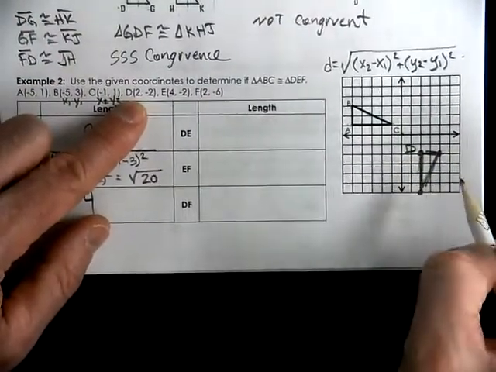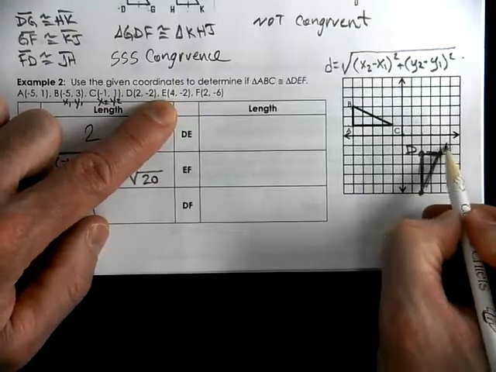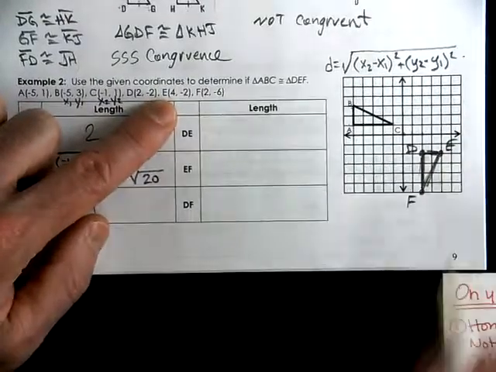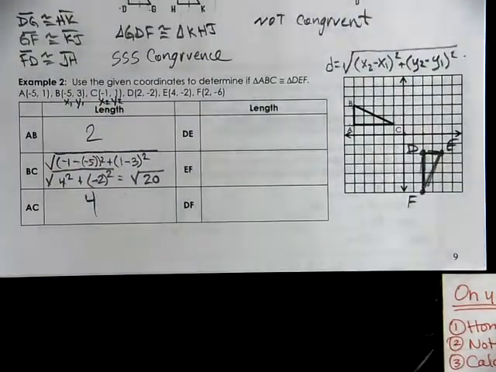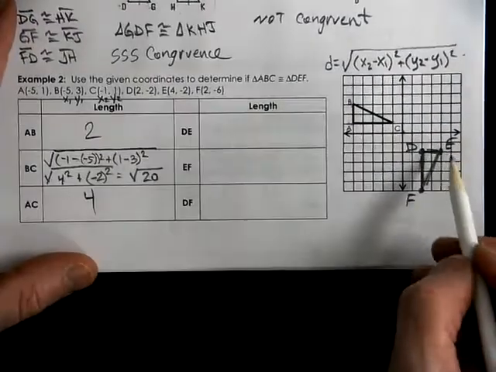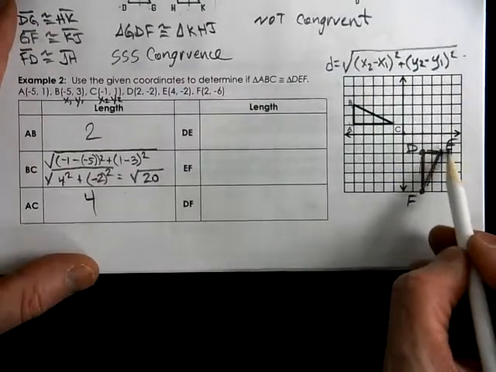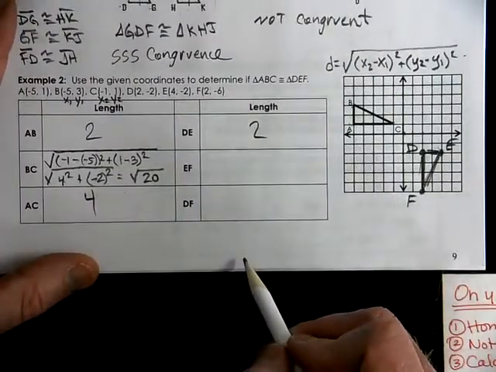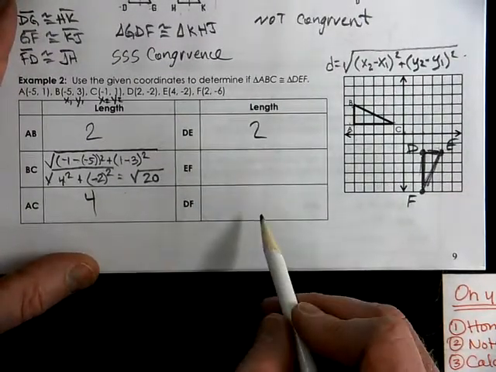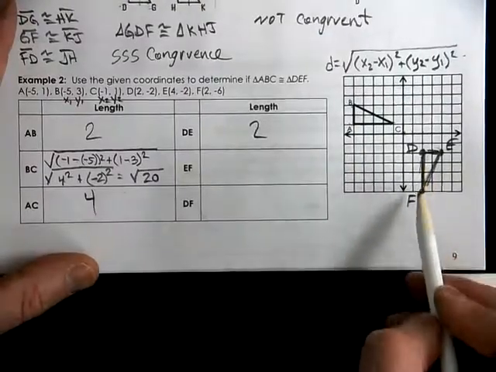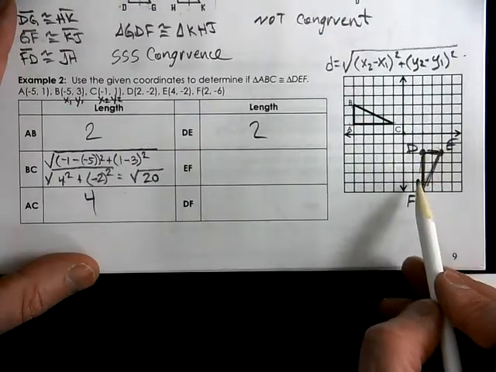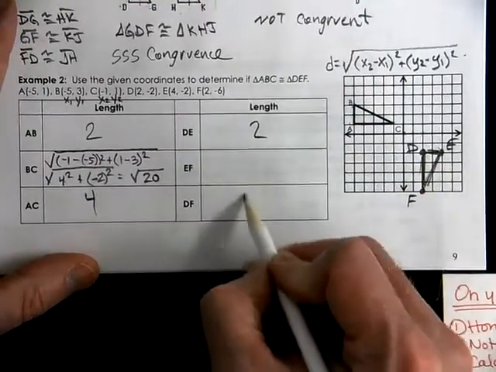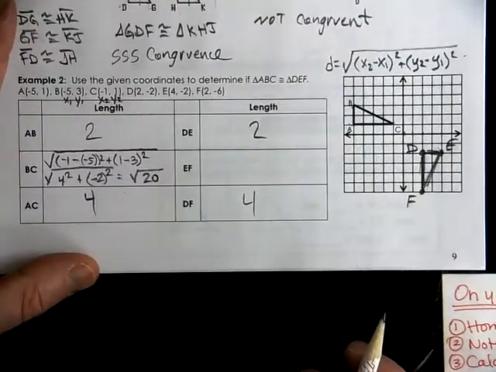So we have D, E, and F. I can easily see that DE is 2 units long. So that matches. I can jump all the way down to the bottom, and DF, that's a length of 1, 2, 3, 4. That's a length of 4, so that matches.